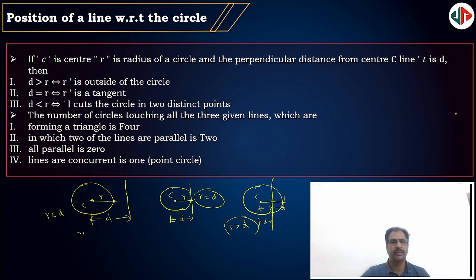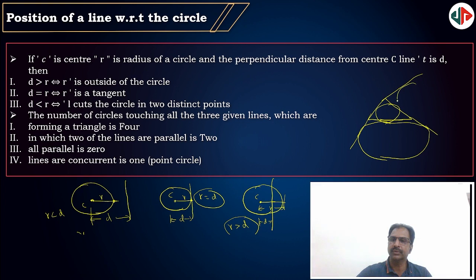Next, number of circles touching the three given lines. Suppose three given lines are forming a triangle like this. How many circles can be drawn by touching all the three lines? This is one circle, which is known as the incircle. You can draw one more circle like this by touching all the three lines, which is known as an excircle.